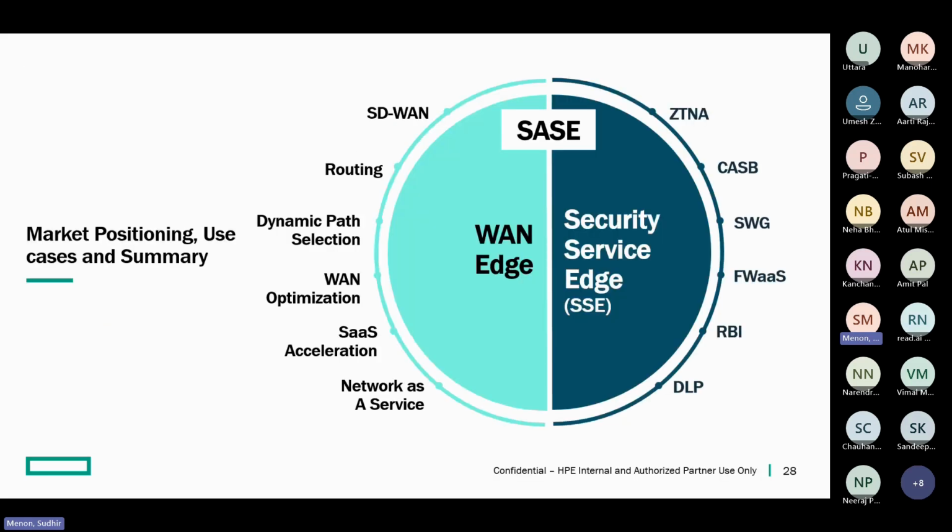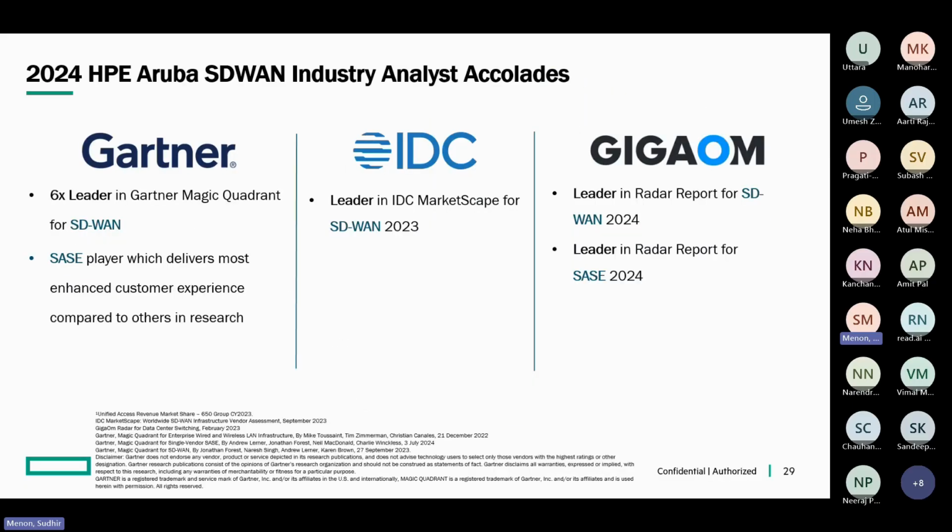From a market positioning perspective, I think I already mentioned, almost 7 times Gartner has seen us as a leader in the SD-WAN space. Gartner calls us the player which delivers the most enhanced customer experience when it comes to the SASE platform.